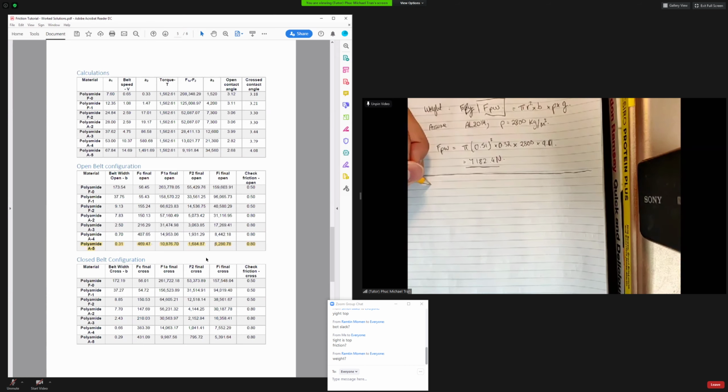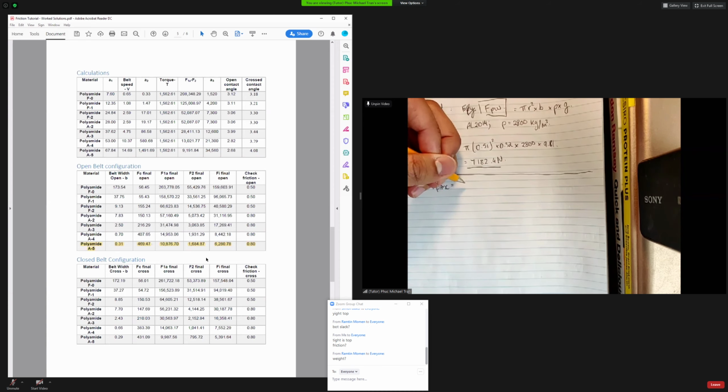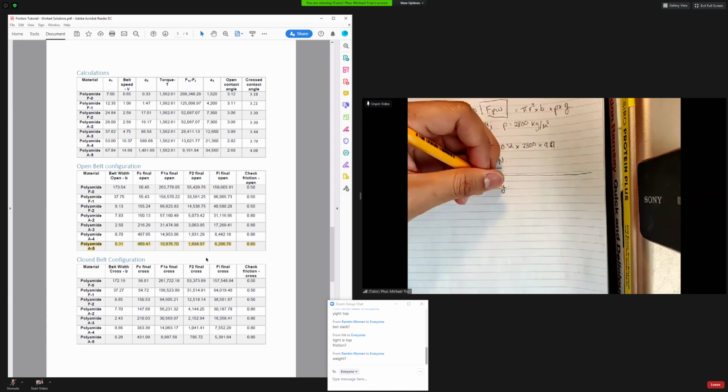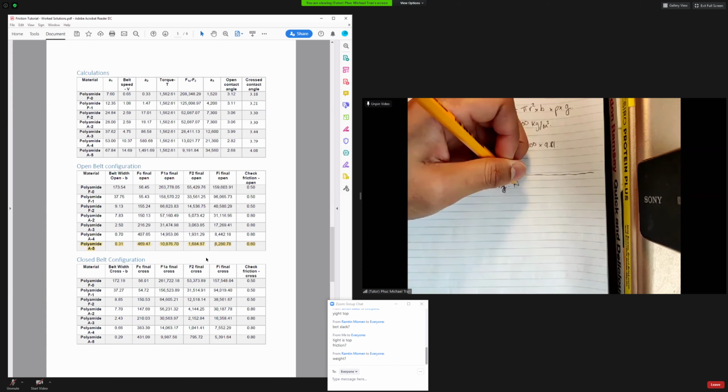So the reaction forces at the pulley in the x direction are F1x plus F2x.